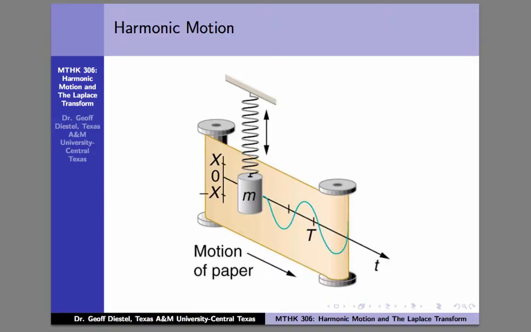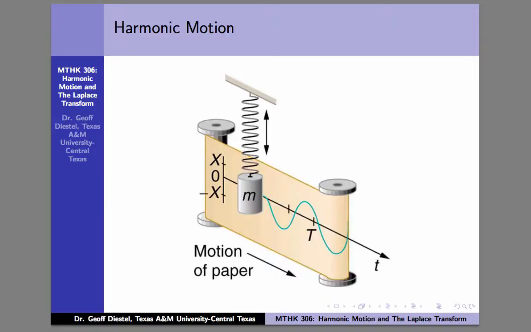Based on some initial observations, information about how big the mass is, what kind of spring is being used, how to compensate for air resistance and other external forces which may be acting on the object, we will create a model which is going to be a second order linear differential equation or initial value problem, which when solved will actually allow us to predict the solution, which is going to be x of t, which describes the motion of this object as it goes up and down over time.